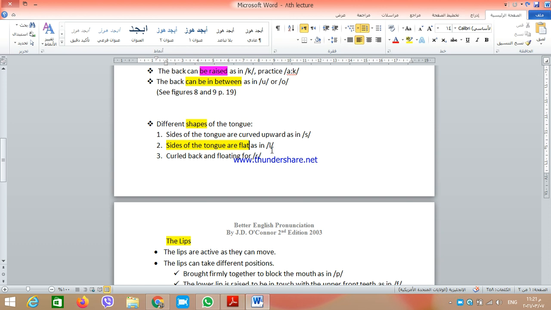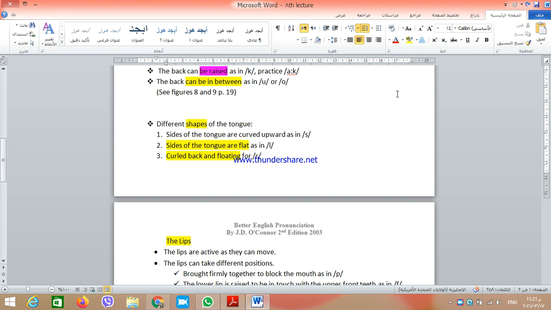This is another position, when the tongue is curled back and floating. You know, floating. It's something like it has nothing to do with the bottom, neither with the bottom nor with the surface of the mouth. It's floating.